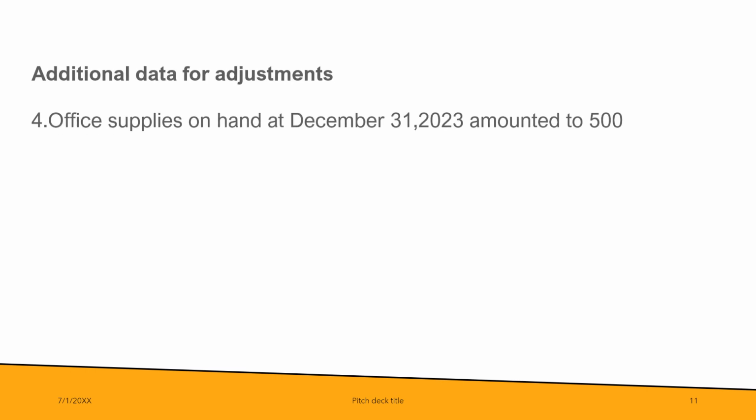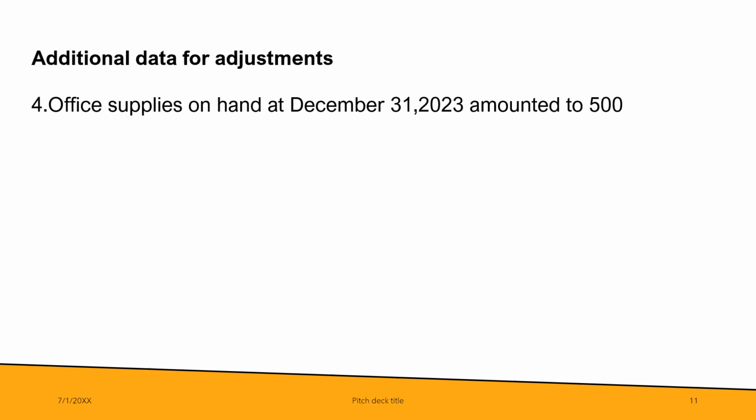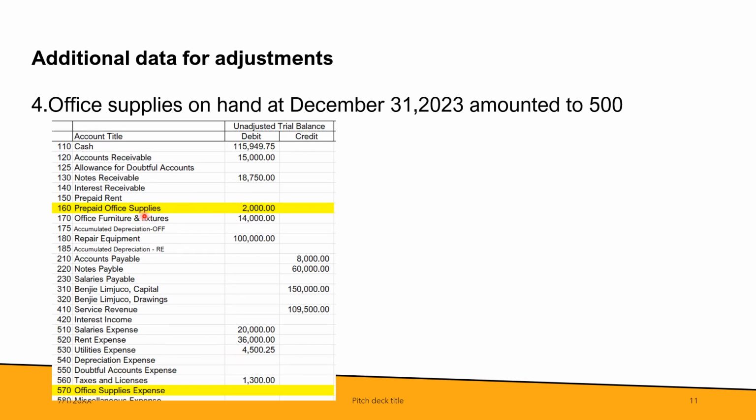Next, adjusting entry number 4: office supplies on hand at December 31, 2023 amounted to 500 pesos. Just like our previous adjusting entry, we have to determine whether the entity used asset or expense method. So what are the possible account titles that will be used to record the office supplies when it was purchased during the year? It could be prepaid office supplies, which is an asset account, or office supplies expense, which is an expense account.